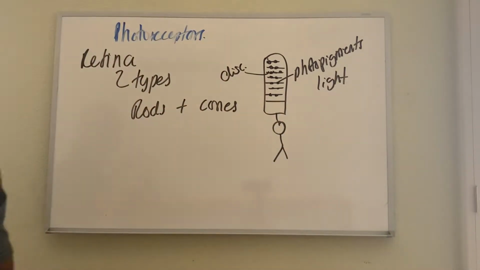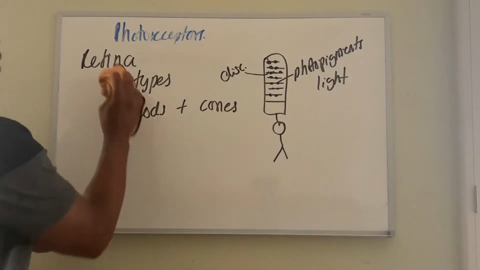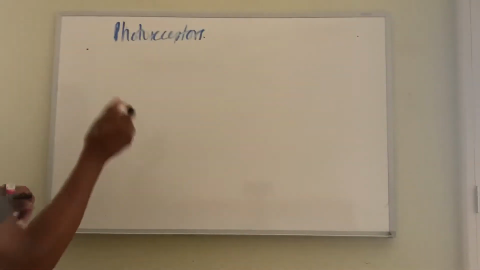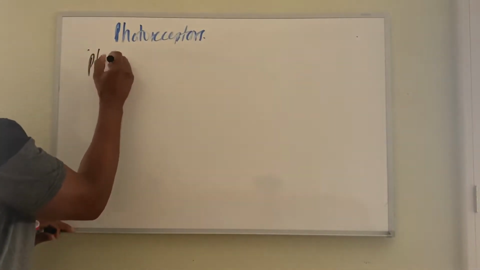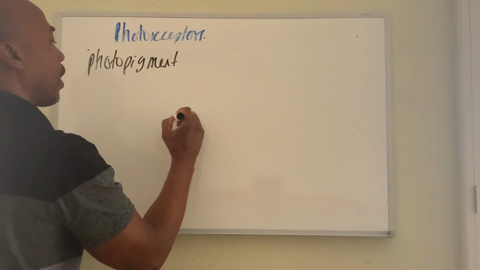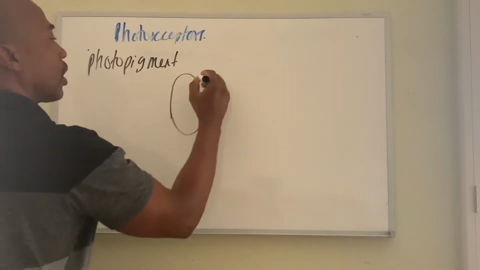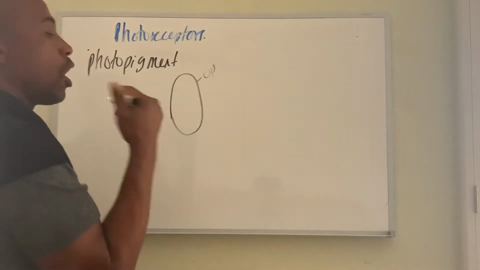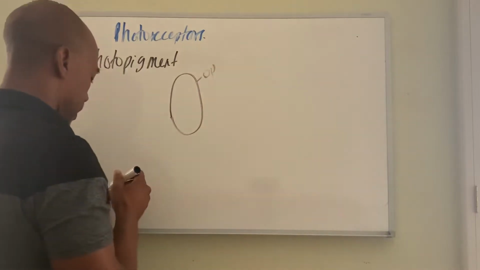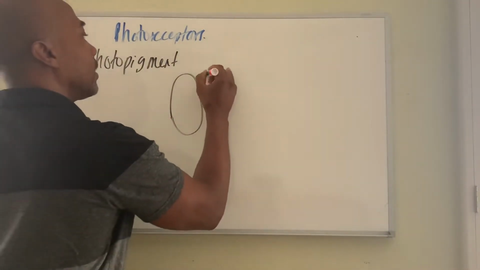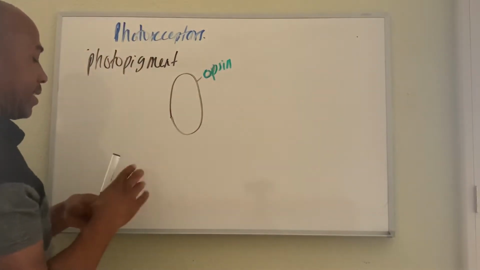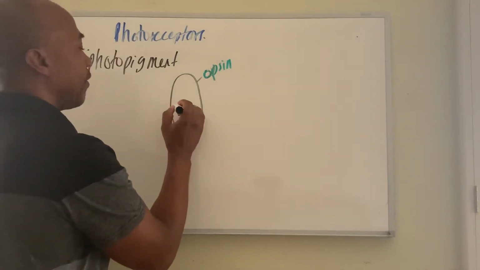Structurally, photopigments have an outer protein part called opsin, and a vitamin A derived part called retinol.